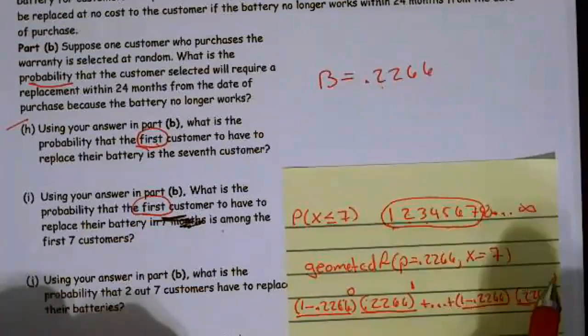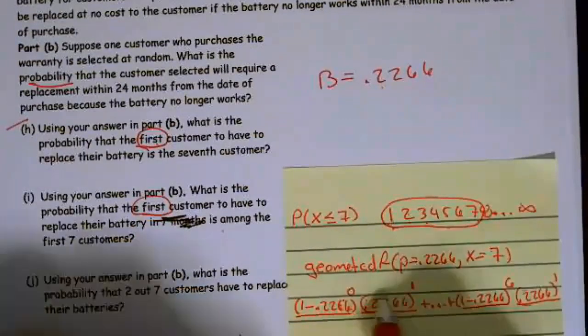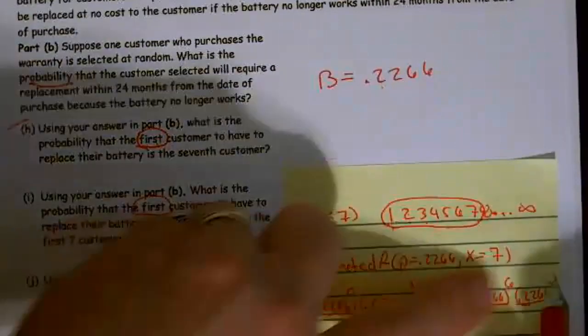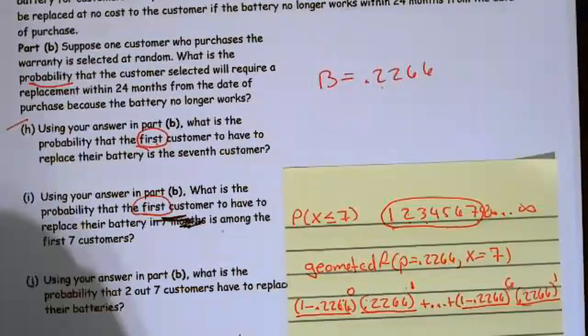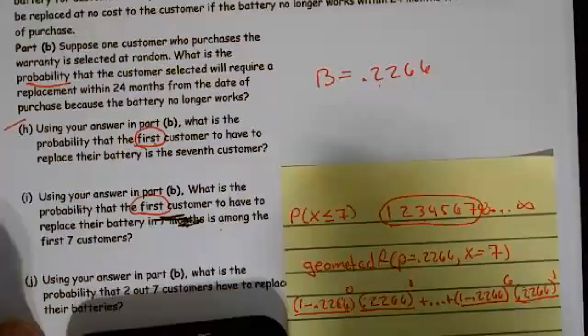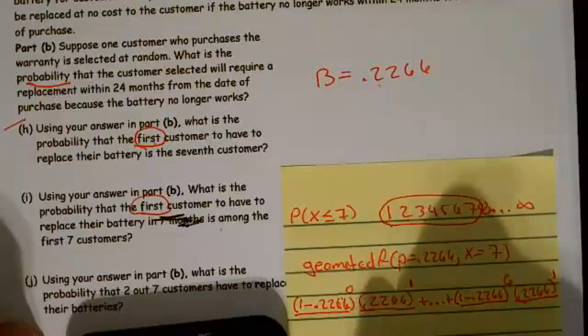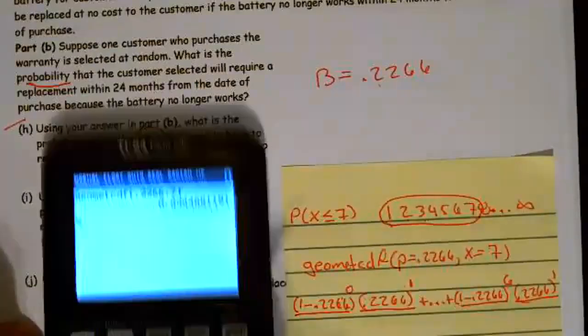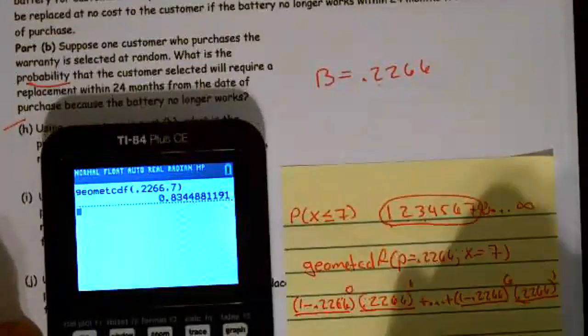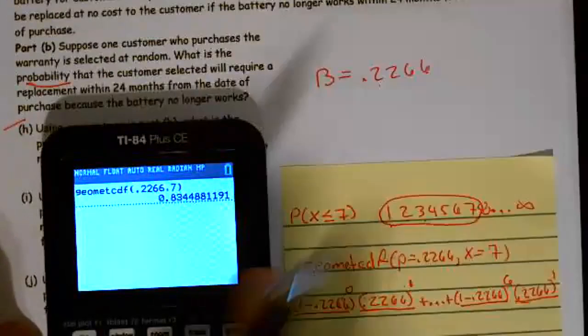And 7 minus 1 is 6. Notice 0 and 1 add to the first one, 6 and 1 add to the second. All right. So what does it equal? It equals 0.8344.